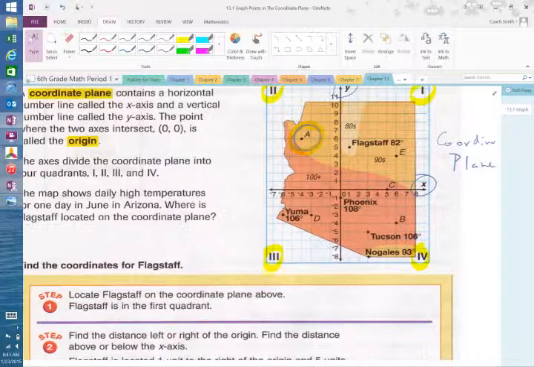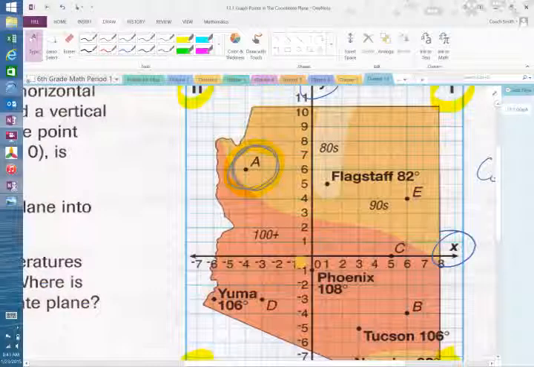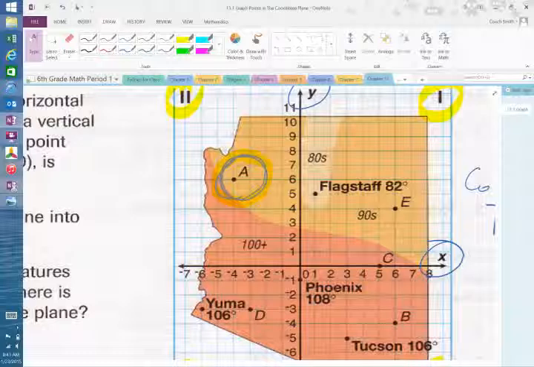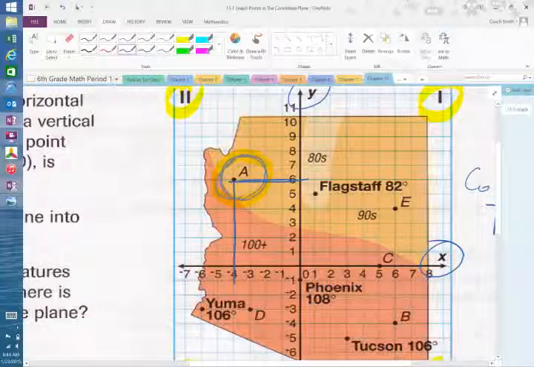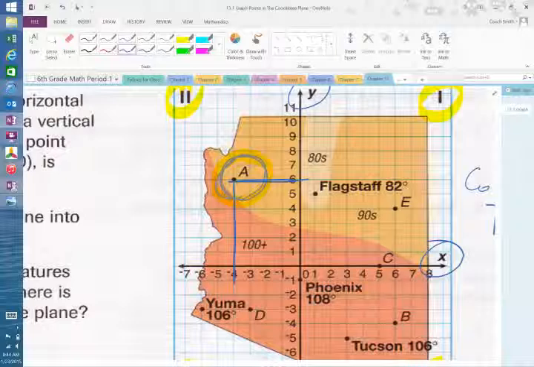I'm going to blow it up a little so we can see it better. What we want to look at is where those lines cross the x-axis and the y-axis. Where they cross those axes is what our coordinates for that point are.